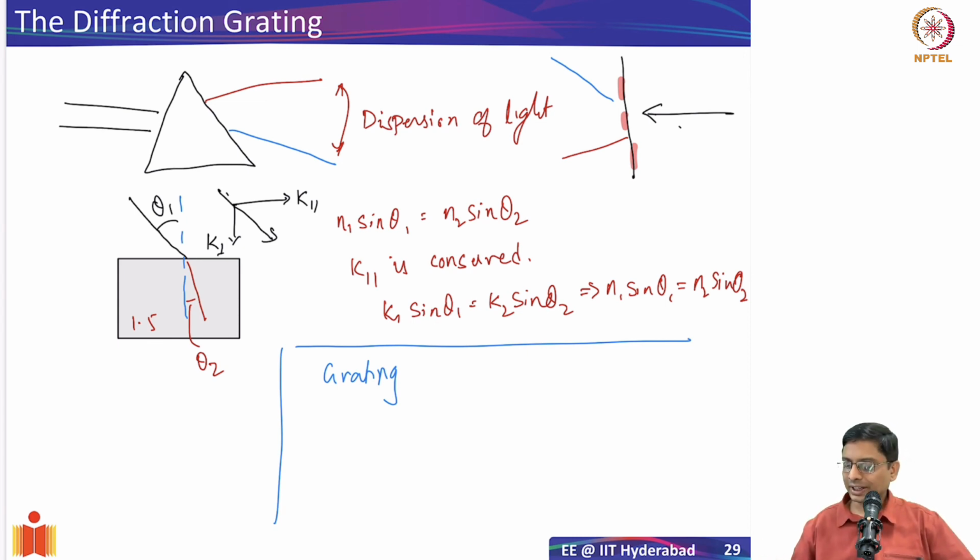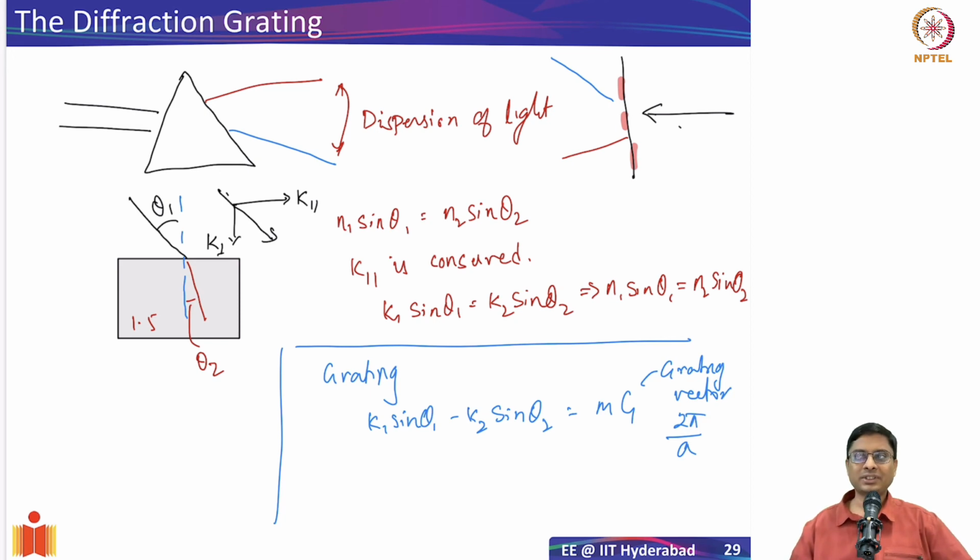So in a grating, let's say I'll take the difference in the momentum, k1 sine θ1 minus k2 sine θ2 should be equal to m times g, where g is a grating vector, which is simply 2π by the periodicity. In this case, my periodicity was a, so 2π by a. Whenever you have such a scenario satisfied, you can have the diffraction or the refracted wave, right?